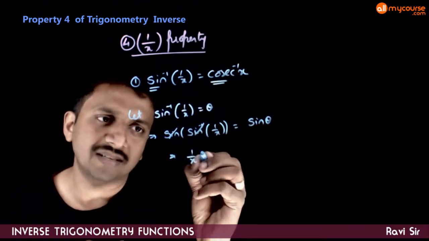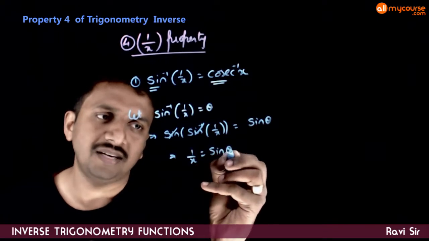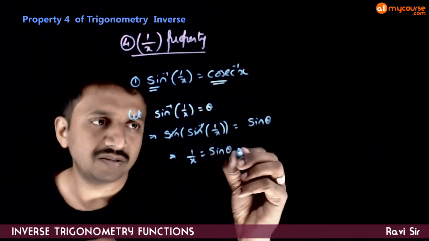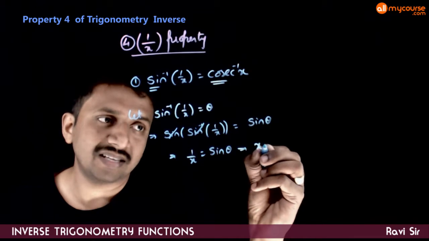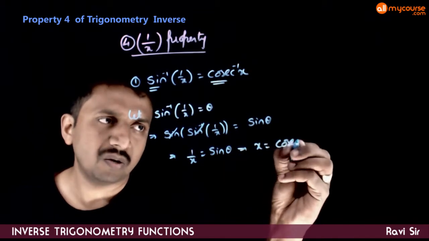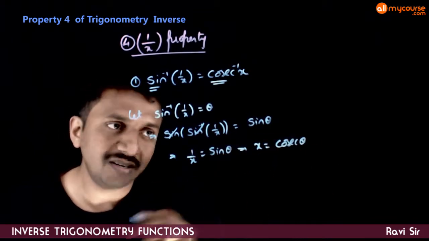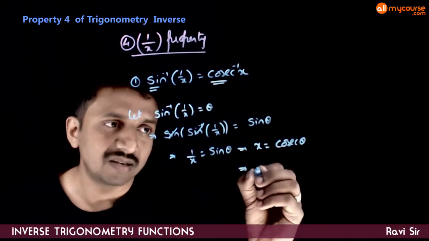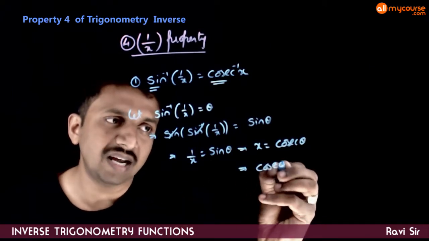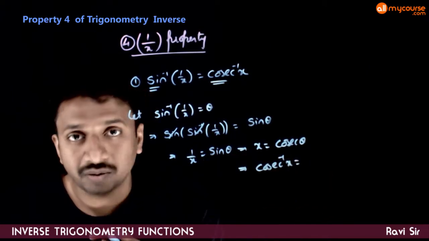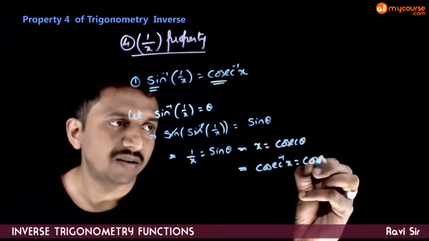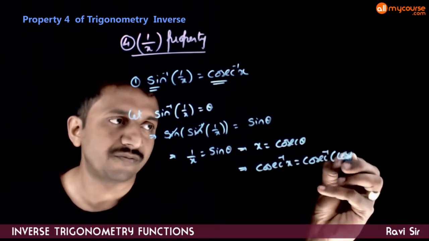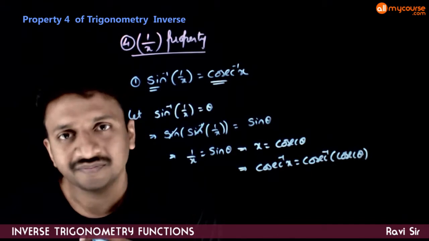So 1 by x is equal to sine theta. This implies x is equal to cosecant theta, that is 1 by sine theta. This implies cosecant inverse of x is equal to cosecant inverse of cosecant theta.